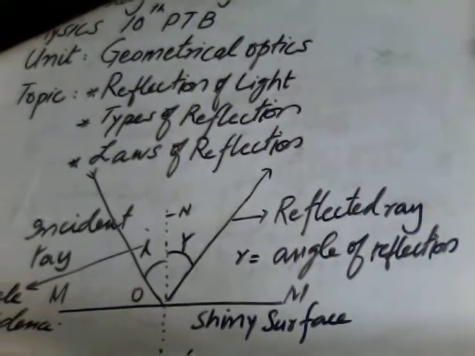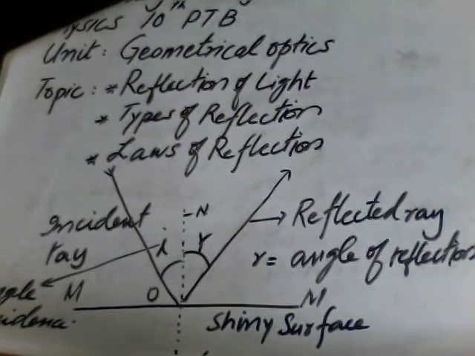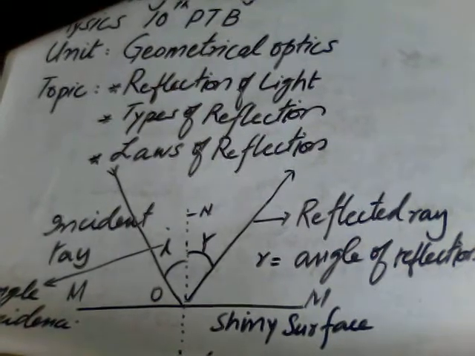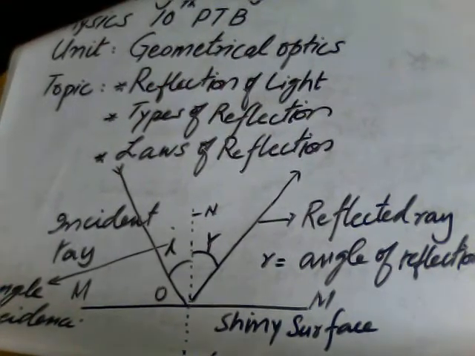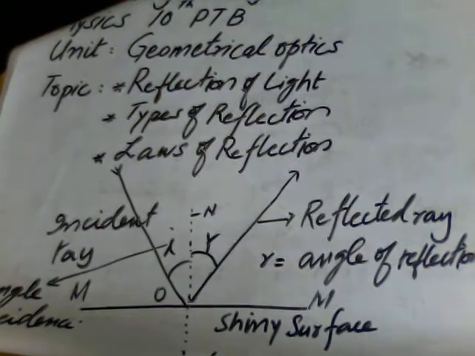There are many objects that normally we see that do not have any kind of reflection or refraction. Actually, they absorb the light. These objects are called opaque objects.